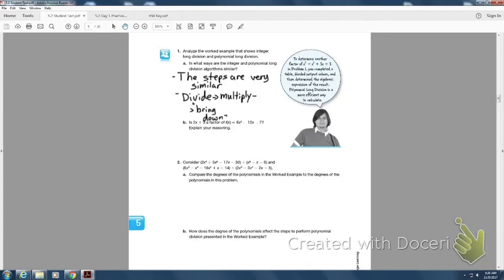You're going to subtract and then bring down. It's going to just be those steps over and over and over again.